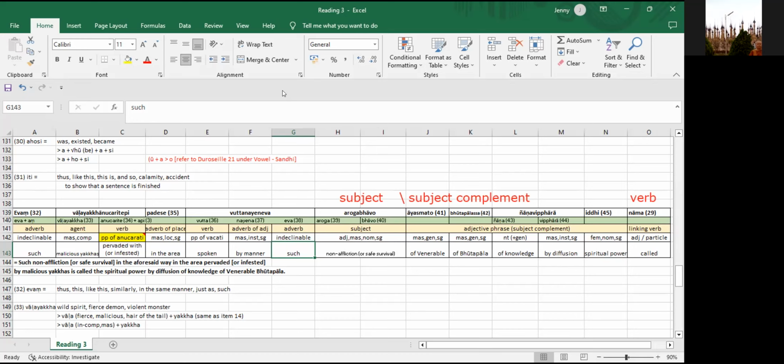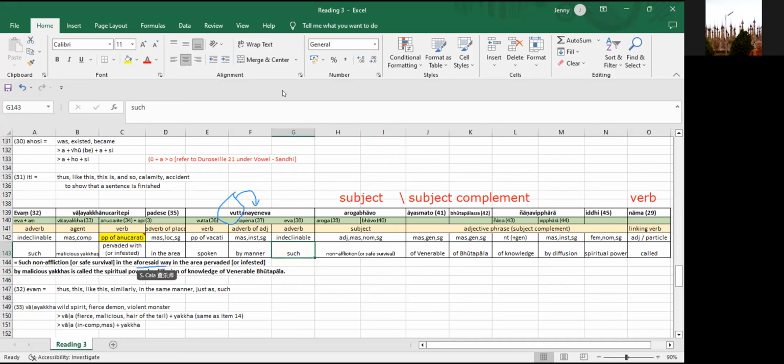Do you see where it is? Evam. And then another Wutta. Wutta, you write the Wutta, okay? What is the function of this Wutta? Can you see the Wutta? This is to explain the Aroga Bawa. No, it's to explain the Naya, the aforesaid way.